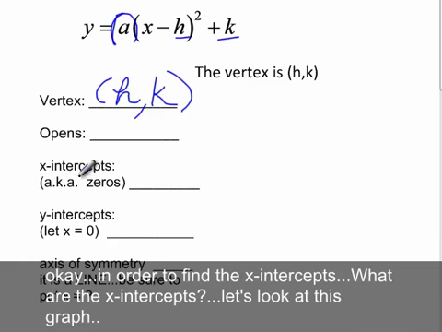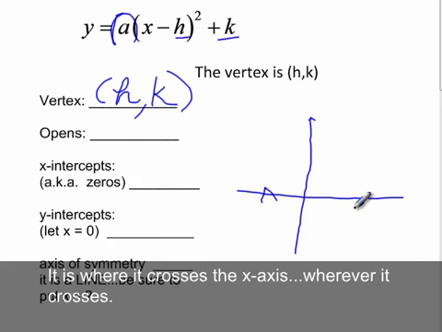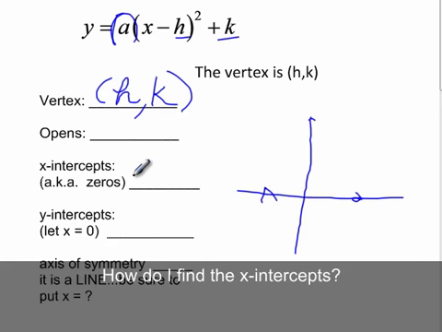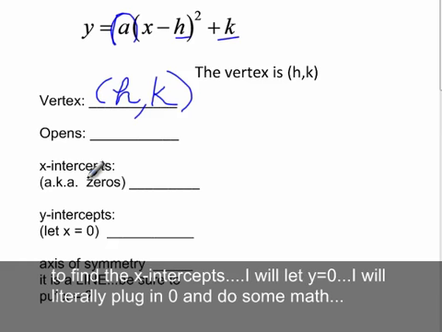Okay, in order to find the x-intercepts. Now, what are the x-intercepts? If I was to have a graph, it's where it crosses the x-axis. How do I find the x-intercepts? I will let y equal 0.